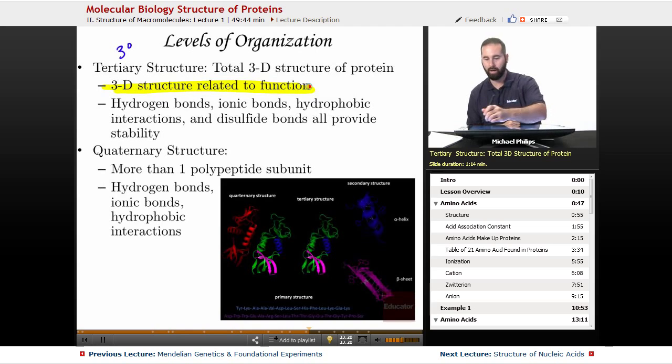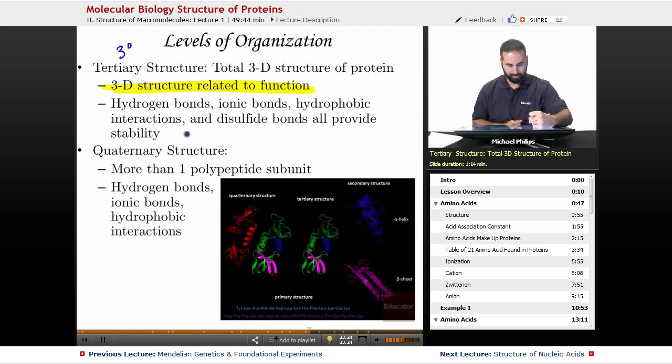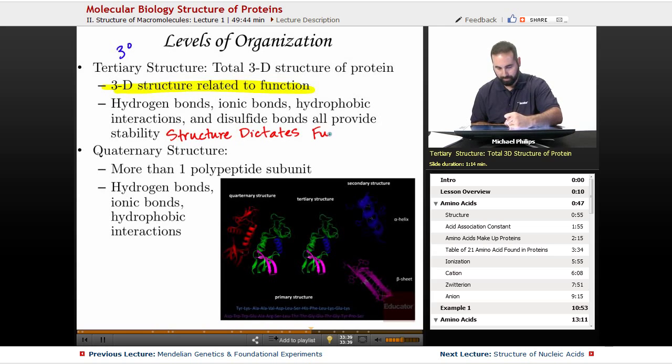Okay? Now, what that is saying is that structure dictates function.